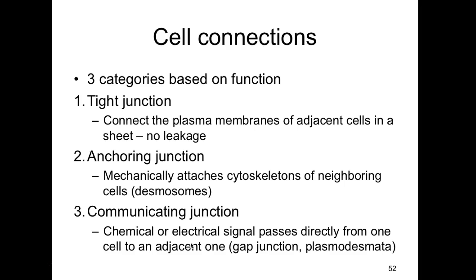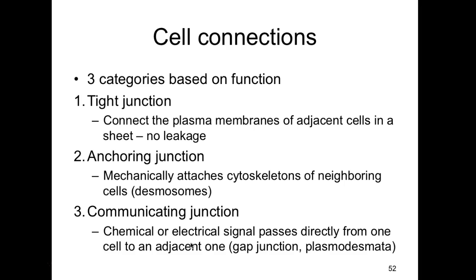So a tight junction will be representative of the cells that will make up the tissues of the stomach, for example, because they act like zippers. You don't want any leakage of the stomach contents into other parts of the body, as it could lead to severe infection and possibly death.